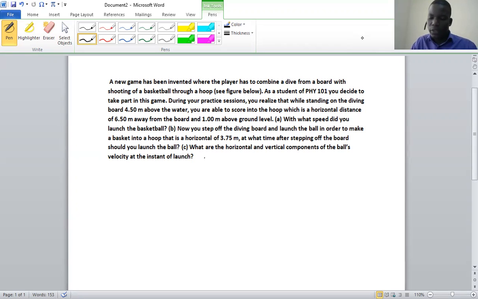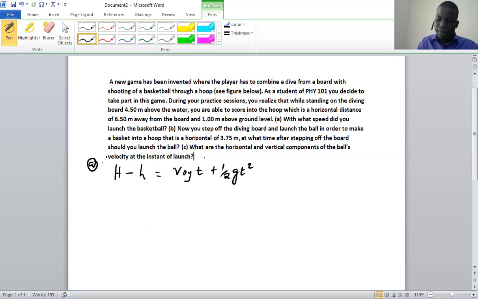We write the equation of motion: final height minus initial height equals v_y t plus half g t squared. So this is our A.